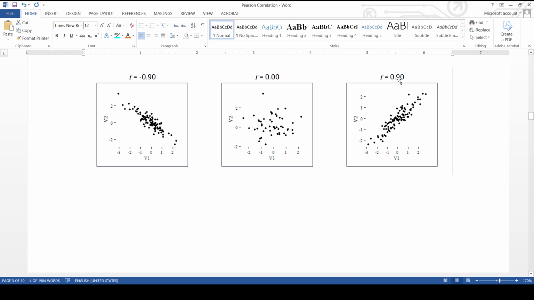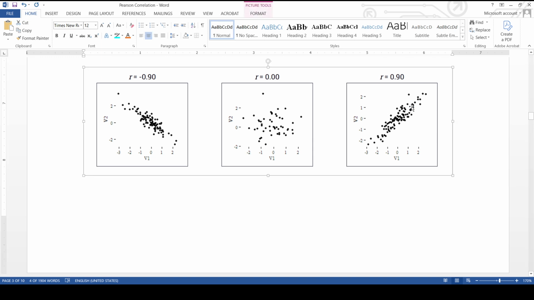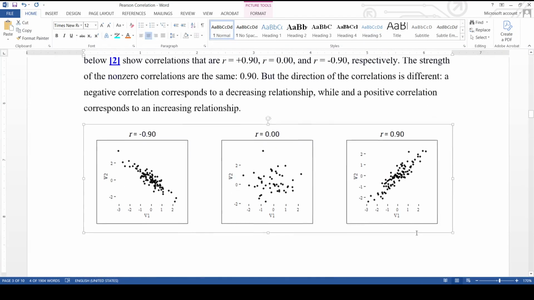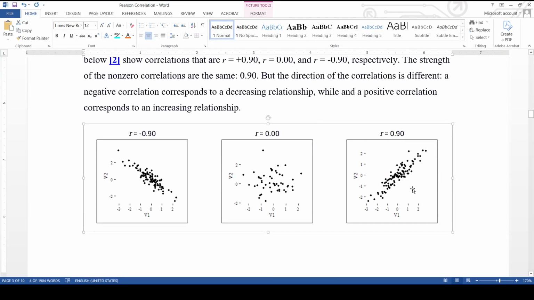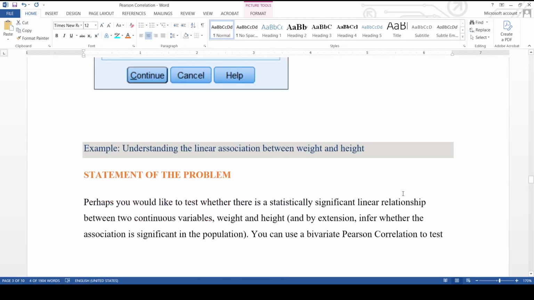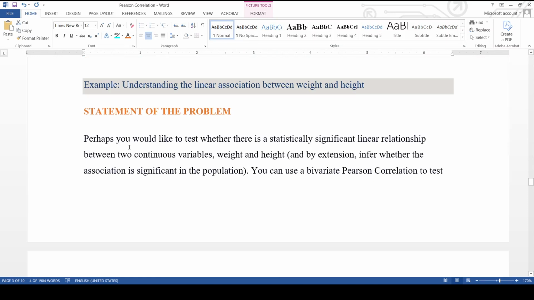For those of us who are a little bit in the mathematical area, if you approximate, this is almost 1, which means a linear relationship. So this is what we want to find out. If our relationship is going to be like the third diagram here. So let's look at that question further to understand it.